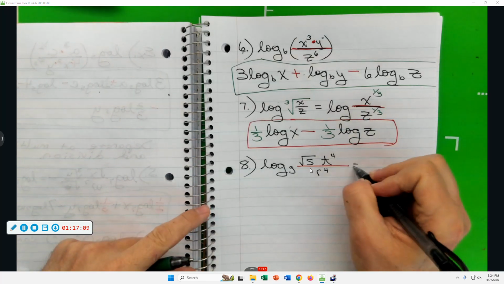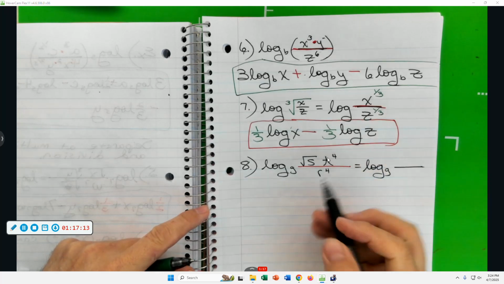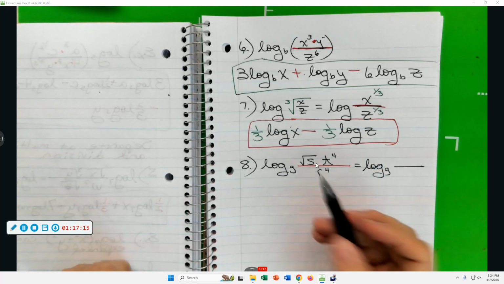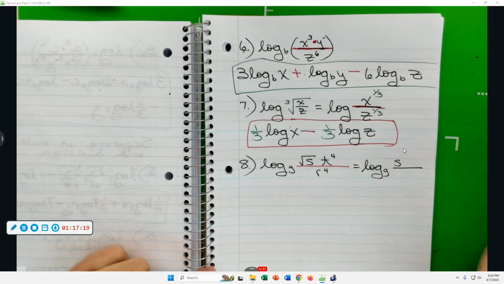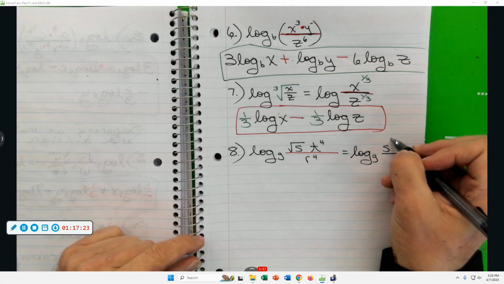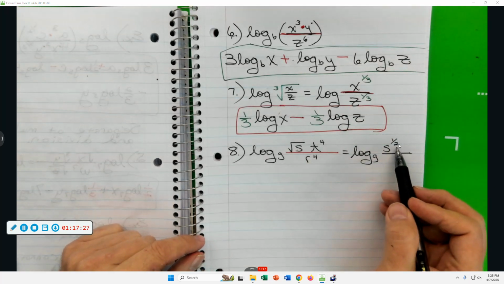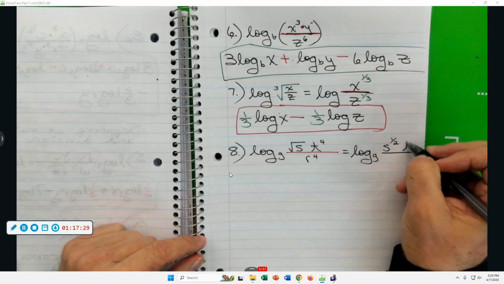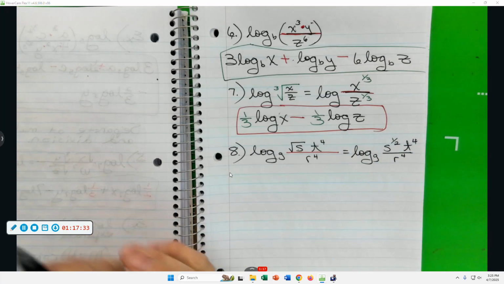Okay, so we're going to write log base g of the square root of s, which means we would have an exponent of 1/2. A square root is the same thing as an exponent of 1/2. We still have that t to the 4th on top and an r to the 4th on bottom.